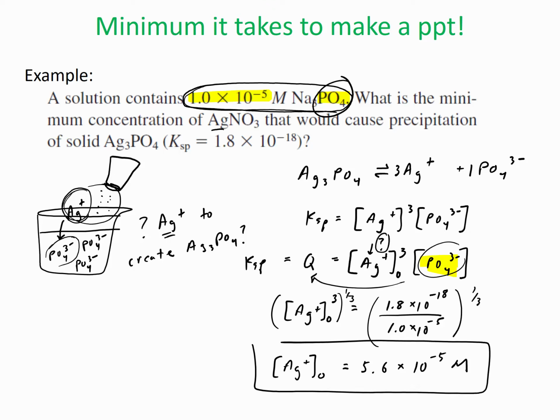So any number greater than 5.6 times 10 to the negative 5th molar Ag plus will cause precipitation.